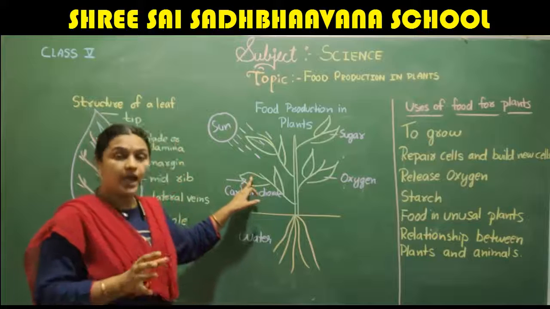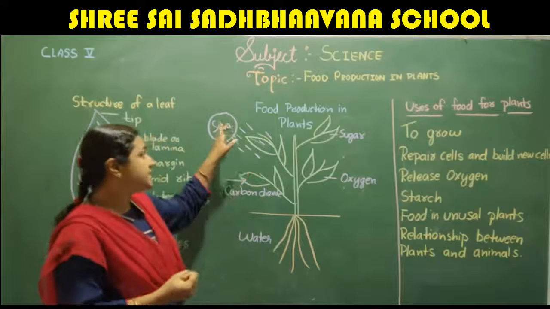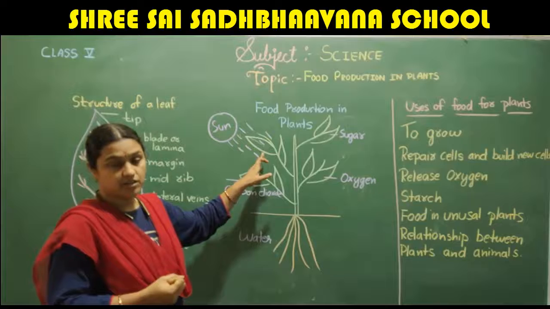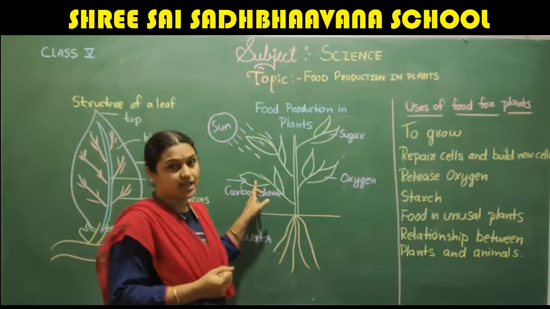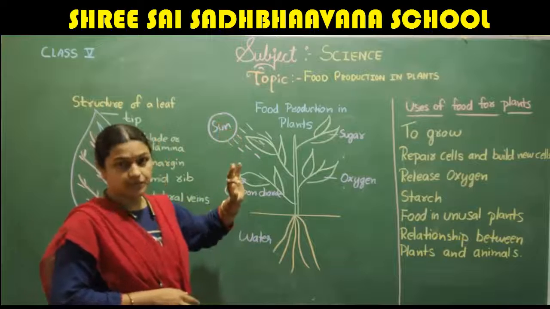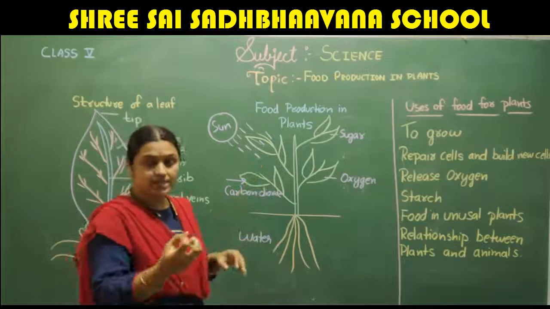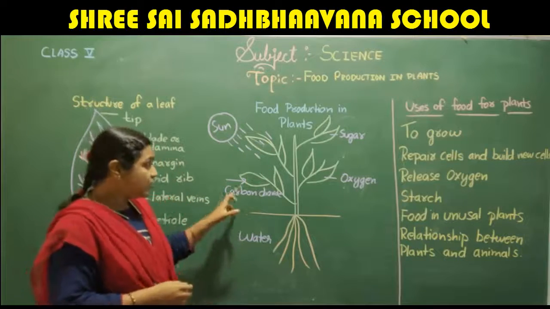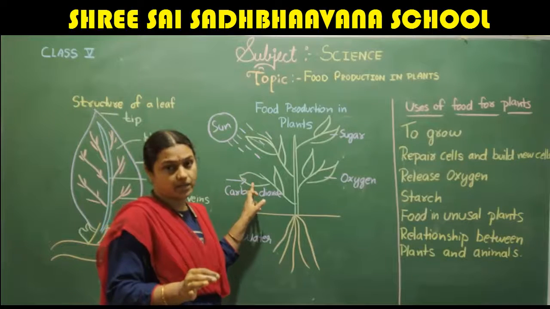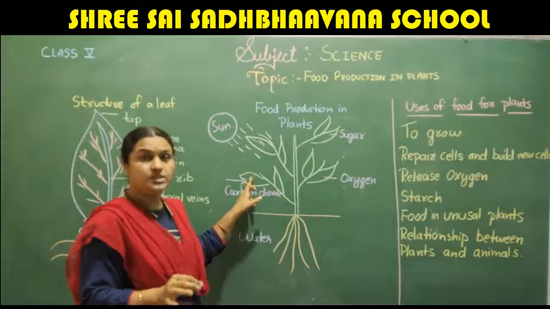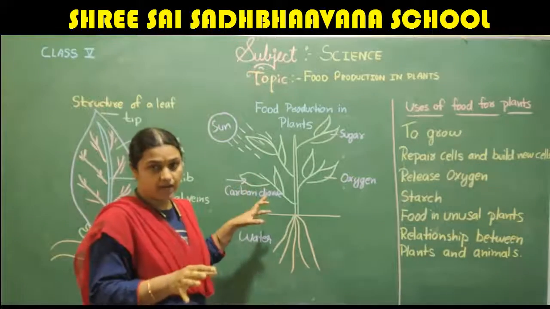This chlorophyll will help in absorbing the sunlight from the sun. Now, once the chlorophyll takes the sunlight, then you have small holes in the leaf, which are called stomata.